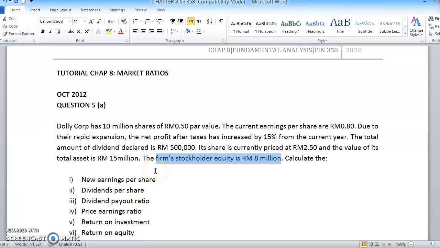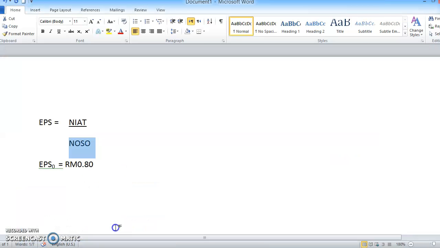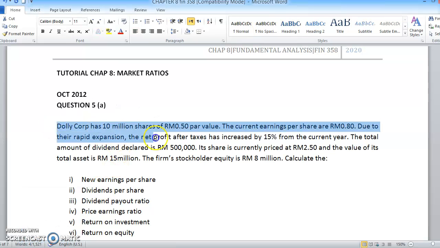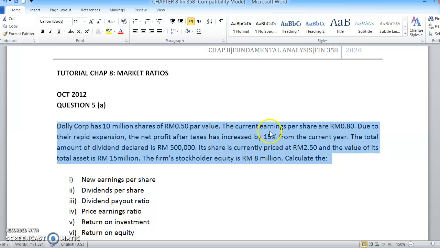Yes, it is stated in the question: the company has 10 million shares. So this 10 million shares is the NOSO, number of common stock outstanding. But does the question give you the net income after tax? If we read the whole question again, there is no information on the net income after tax.